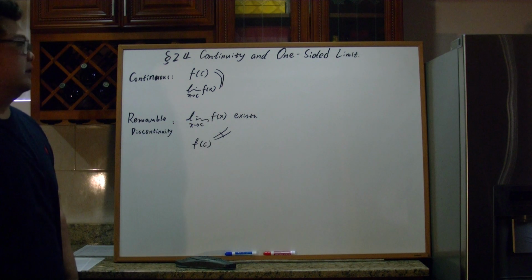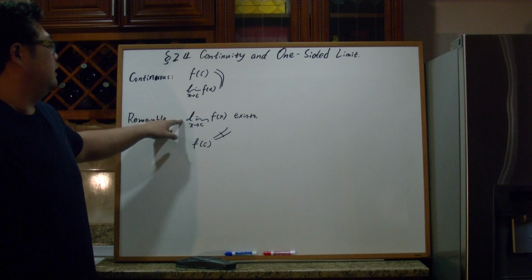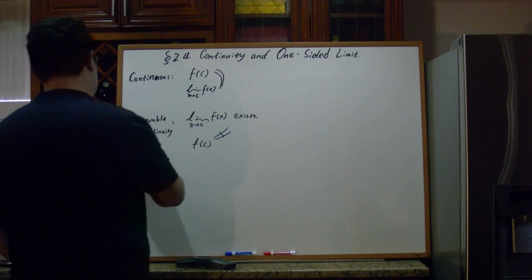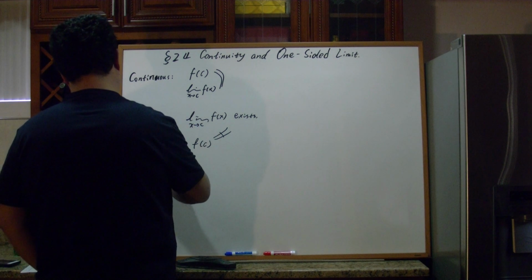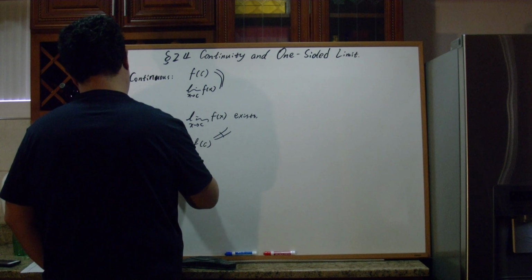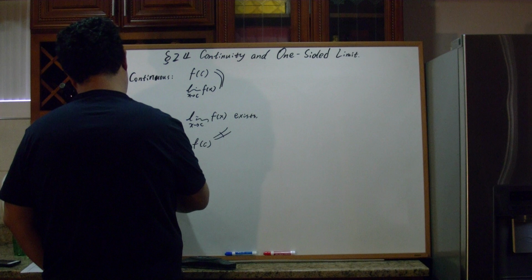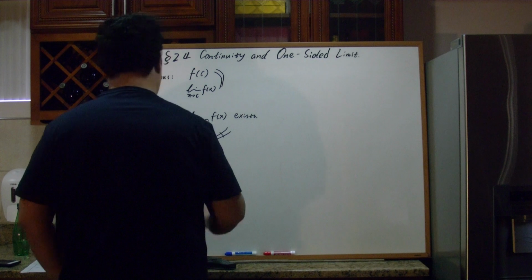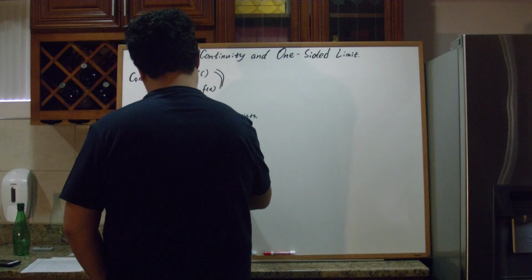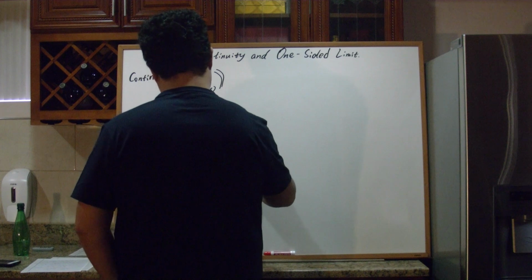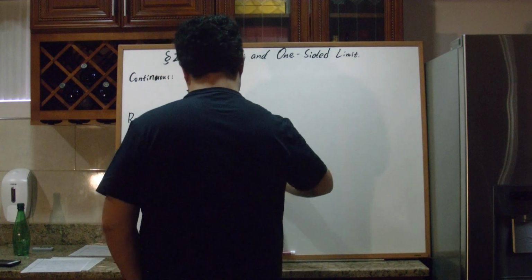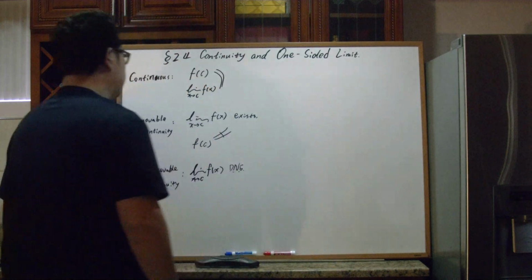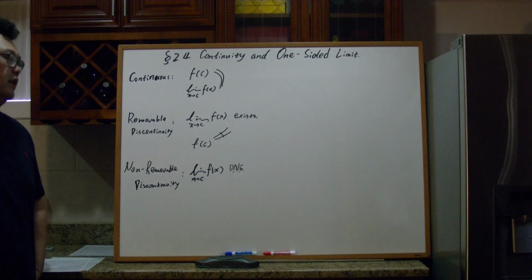That is removable discontinuity. We check the limit and we check the function value to see if they match or not. And non-removable discontinuity if the limit does not exist.